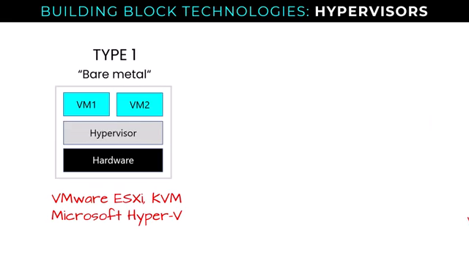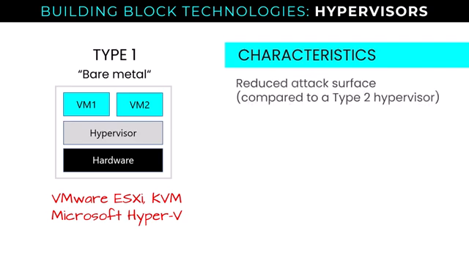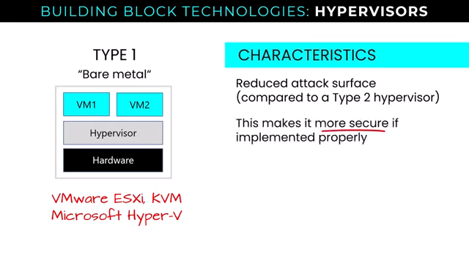So let's look at the characteristics of the Type 1 hypervisor to start. It certainly has a reduced attack surface when we compare it to the Type 2 hypervisor that has a host operating system. This makes the Type 1 hypervisor more secure if implemented properly.